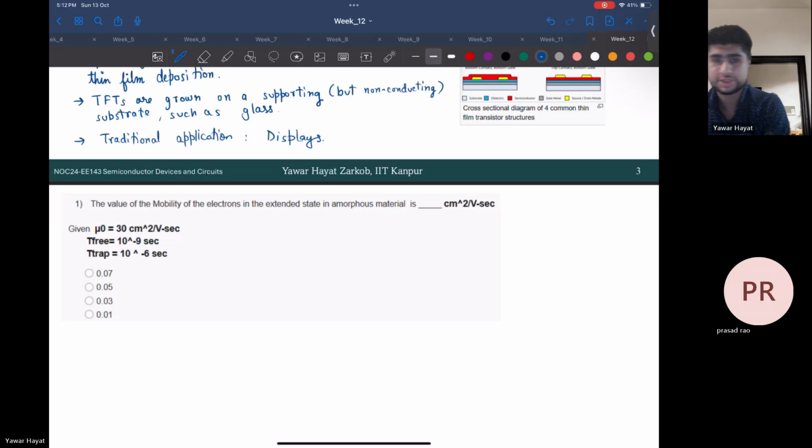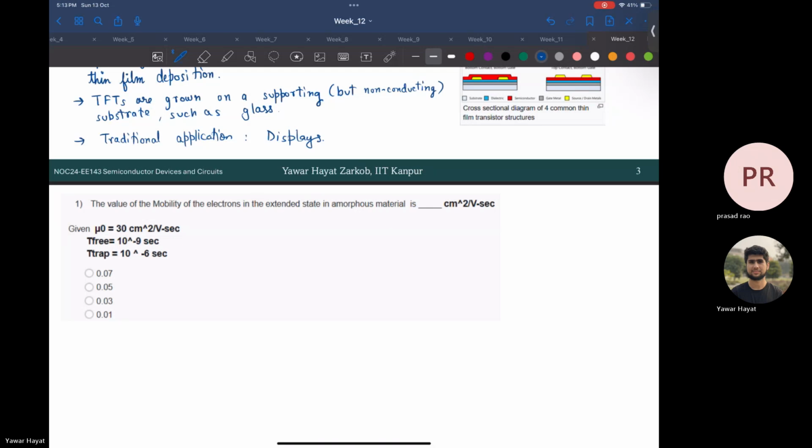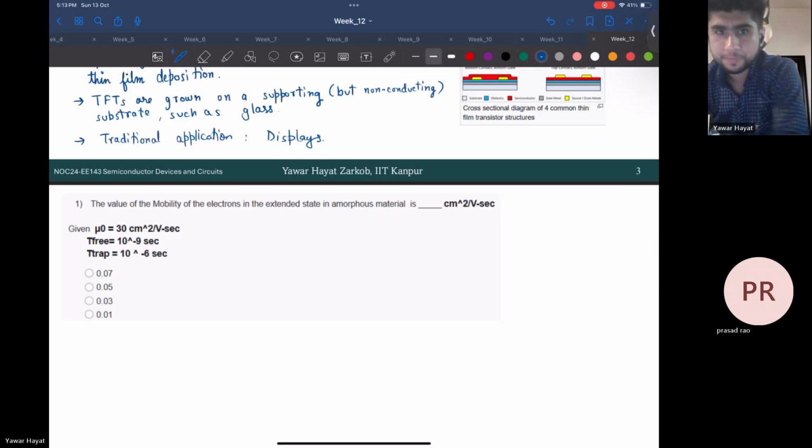Okay, just a second. Okay. So what is the value of the mobility of electrons in extended state in the amorphous material in the unit centimeter square per volt second?